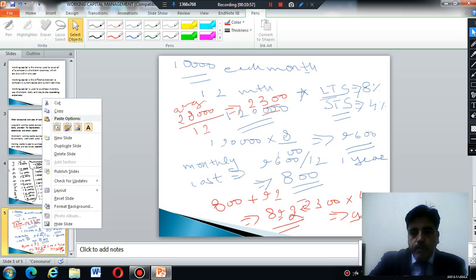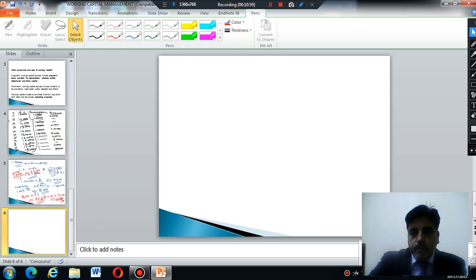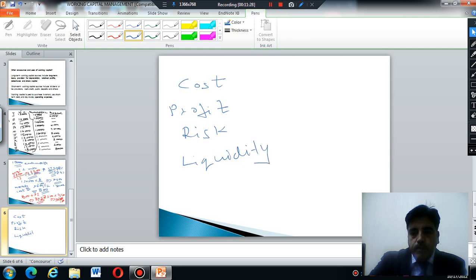Okay, in the next slide we will see the points I have discussed here. By applying the hedging concept, it will impact the cost, the profit, the risk profile of the company, and also the liquidity.